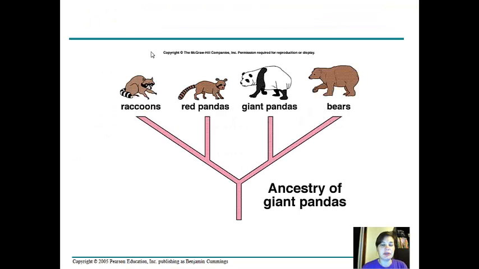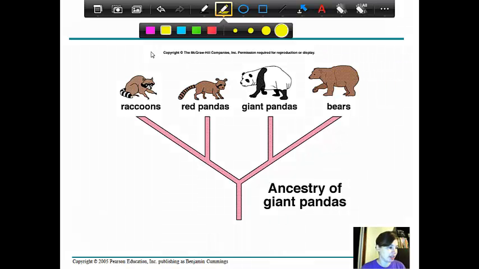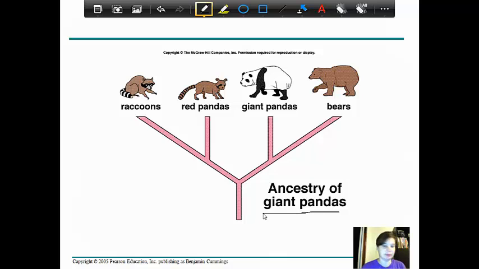Here's an example of a cladogram, and hopefully you can see how this is just a smaller version, a chunk of a phylogenetic tree. The clade we're looking at here is giant pandas. The group that included the common ancestor of giant pandas and other things we have today. And here's the giant panda, the current day organism.